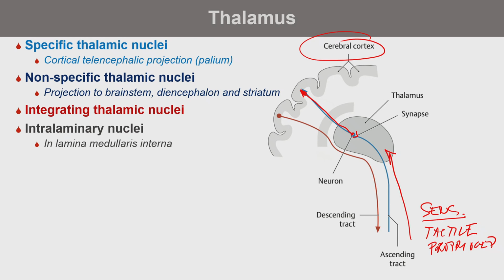So they have specific projections, and those have specific functions, and then we call them specific thalamic nuclei.